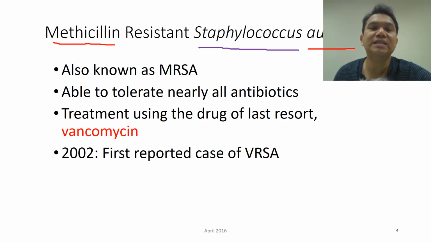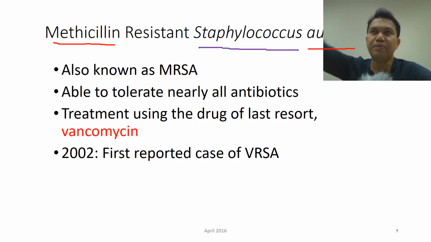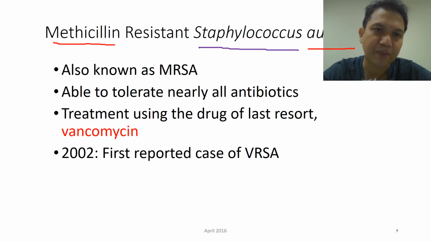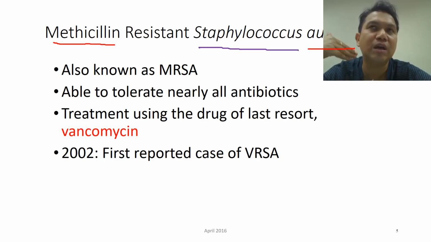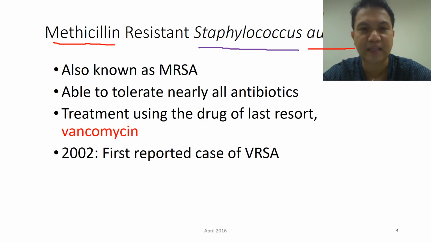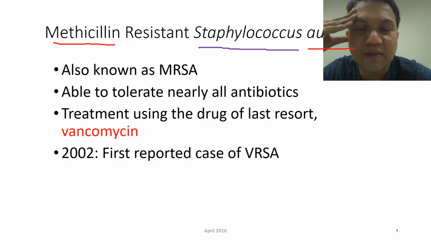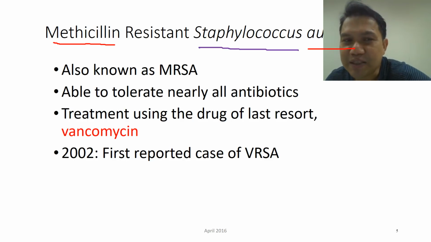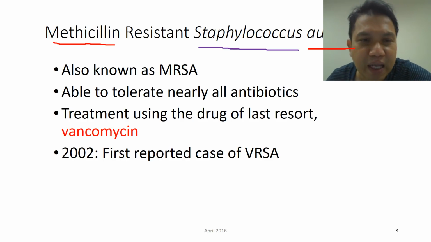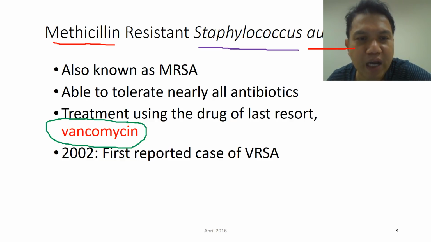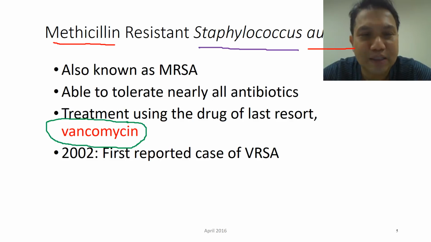So for people who are infected with methicillin-resistant Staphylococcus aureus, doctors prescribe a stronger antibiotic. What is the name of the antibiotic? Let me change color for you. They use vancomycin, another even more powerful antibiotic.